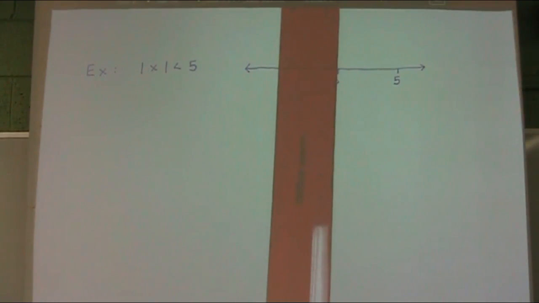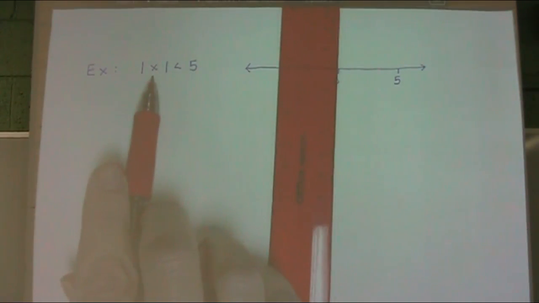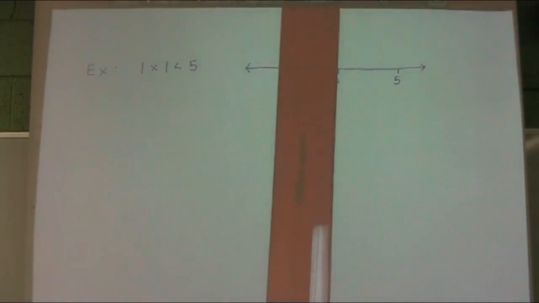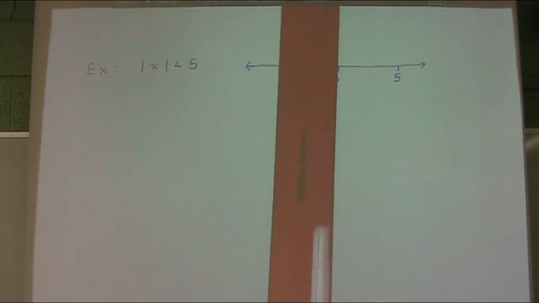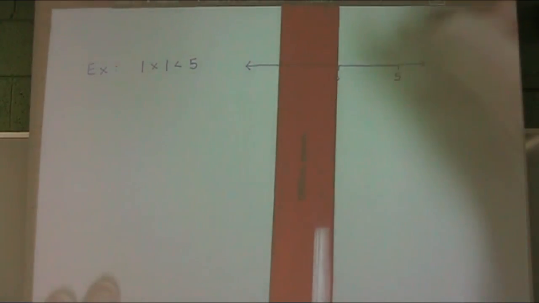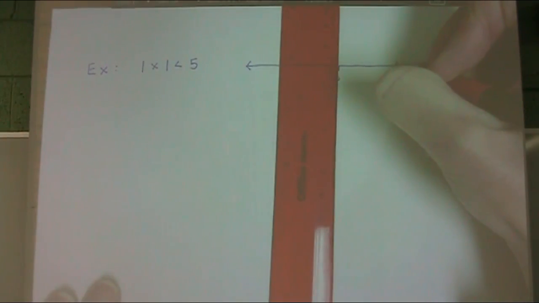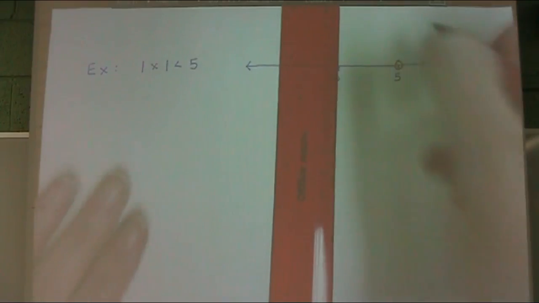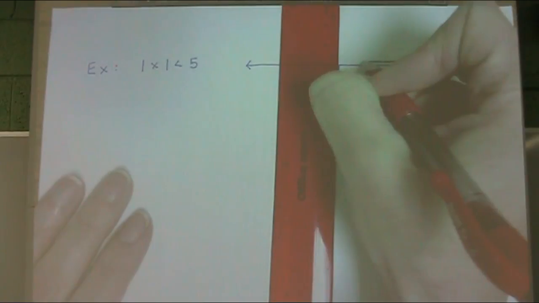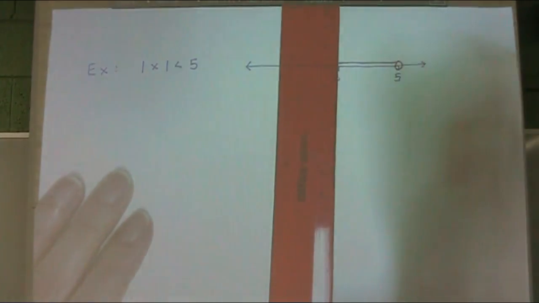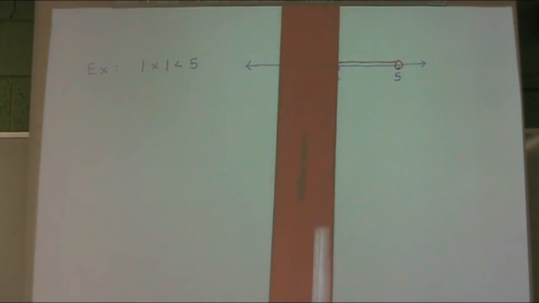The positive numbers that will work are any value that's less than 5, right? That makes sense. So I'm going to draw just that part of the solution: an open circle at 5 and anything less than that, considering for the moment only positive numbers.